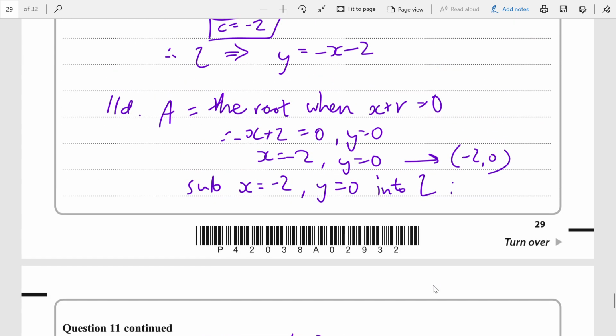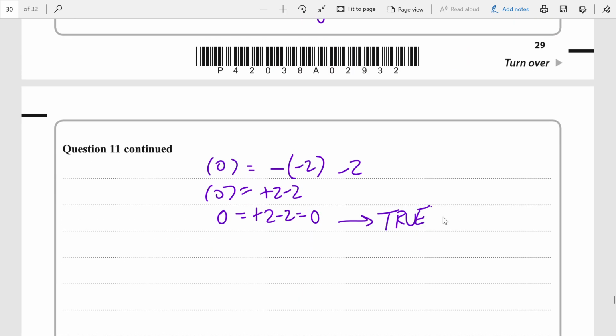And this equation will be true. Therefore, A lies on the tangent, which will be L.